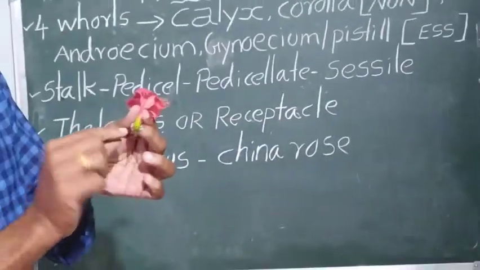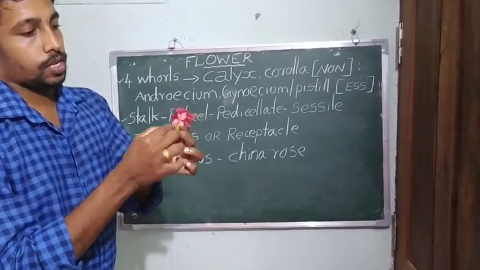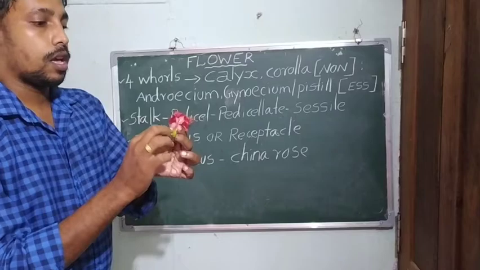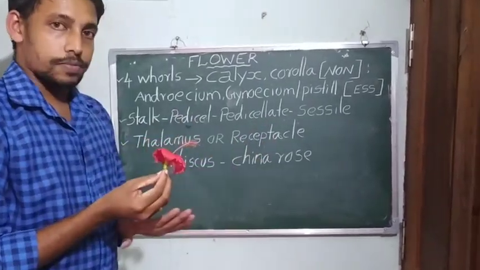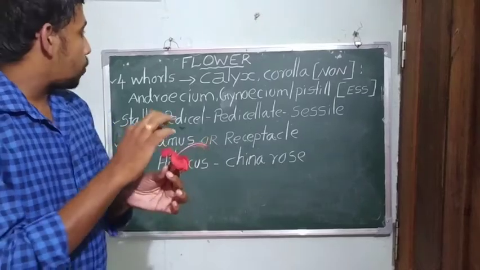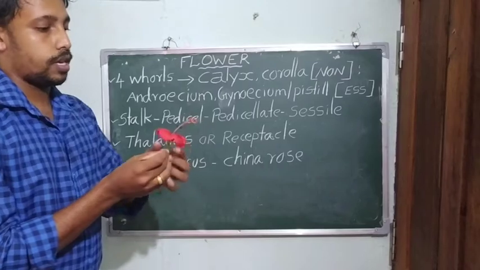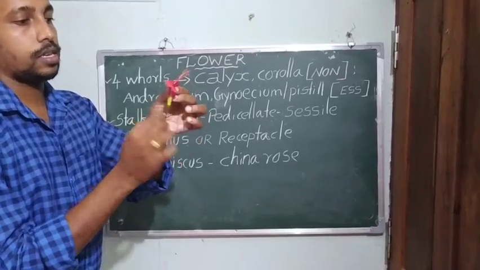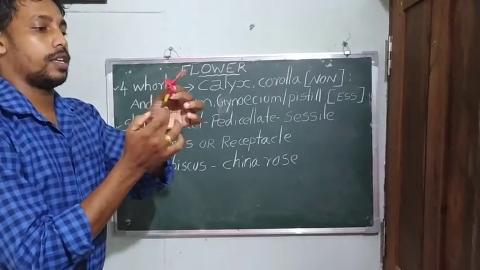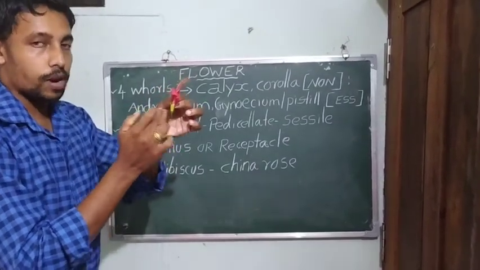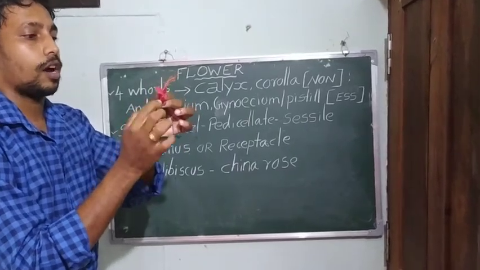The swollen apical part of this pedicel is known as the thalamus or receptacle. And the floral parts, these whorls, are arranged on the thalamus, or the receptacle.